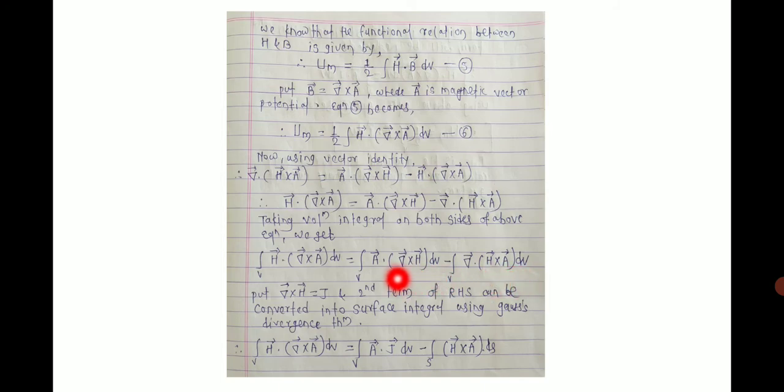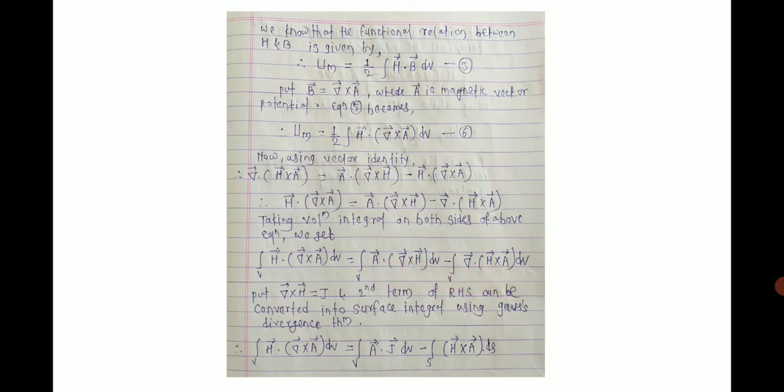Since the system is quasi-stationary, the Maxwell displacement current term, del D by del t, will be neglected and we put del cross H equal to J. The second term, the volume integral, is converted into a surface integral using the Gauss divergence theorem.